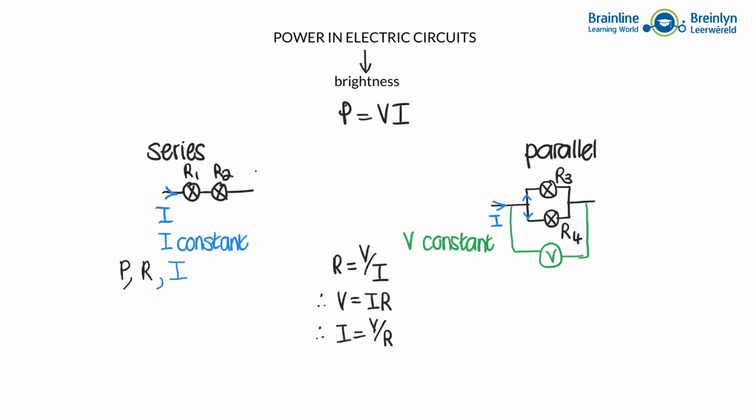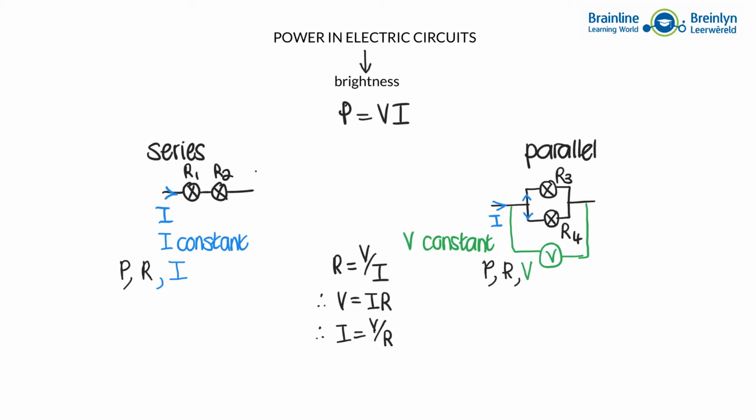For the parallel set, we would look for a formula which had the P for the power, R for the resistance, and then that which we know is constant, in other words, the potential difference. Now to do that, it means that I will go back to this original formula P equals VI, and I will rearrange it in such a manner that for series I would be able to eliminate the V.